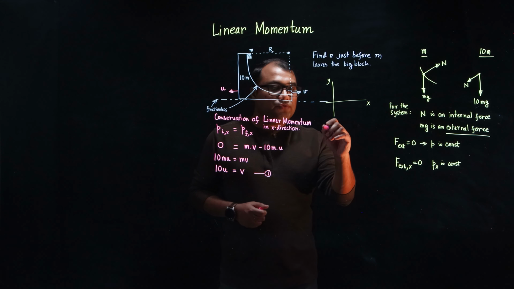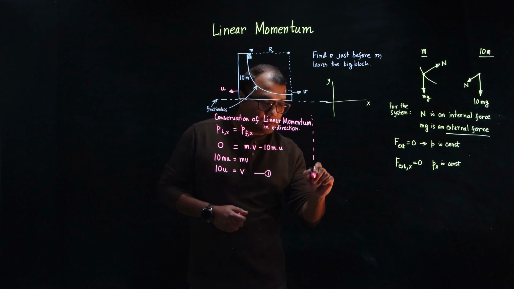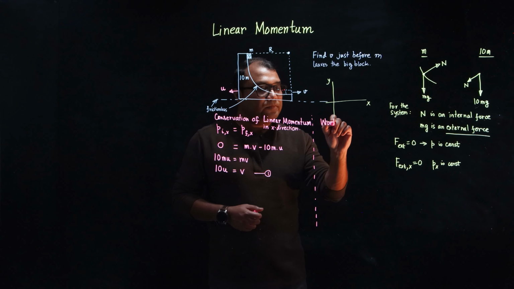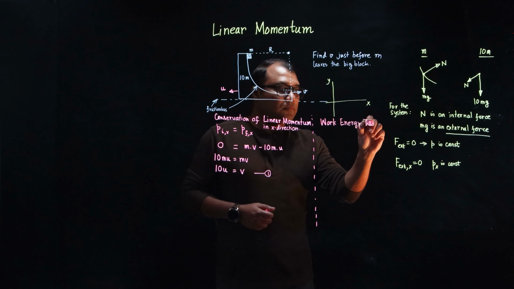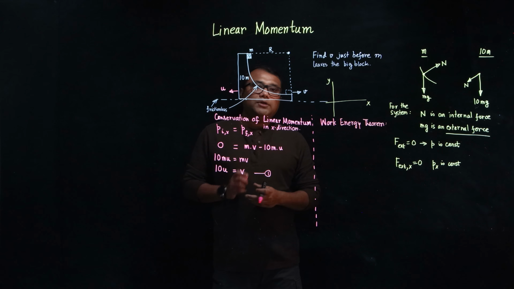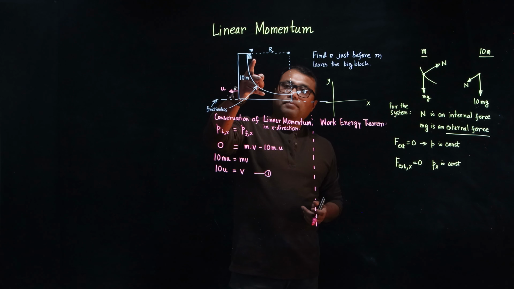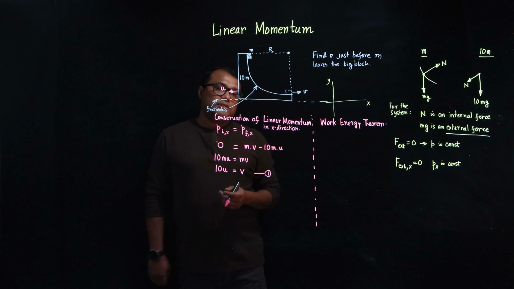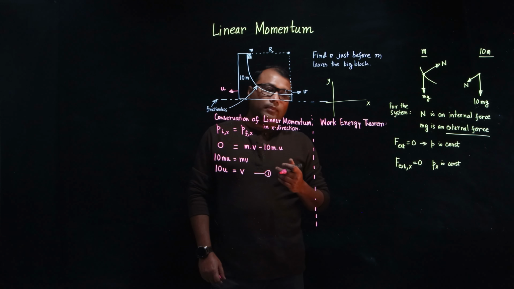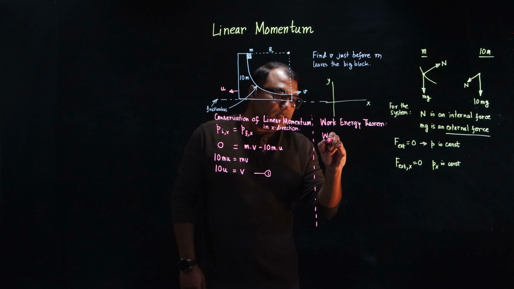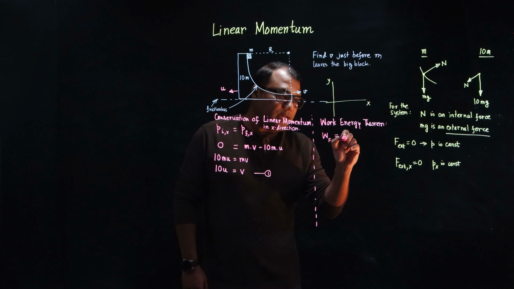We can use the work energy theorem. How can we use that? We can say, again for the system, work done by all forces is equal to the change in kinetic energy.